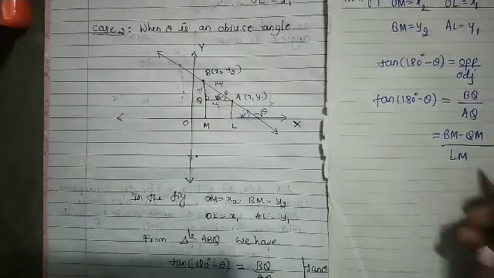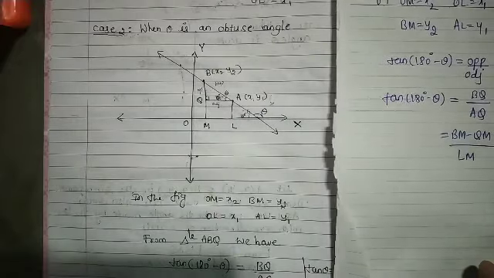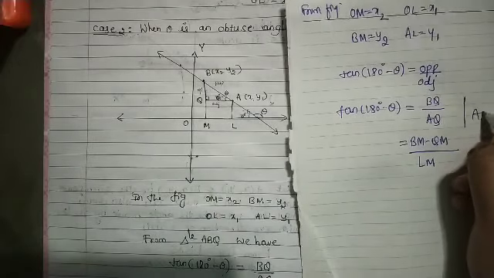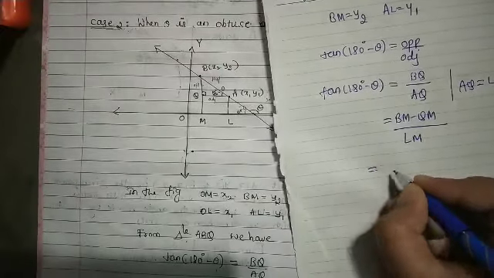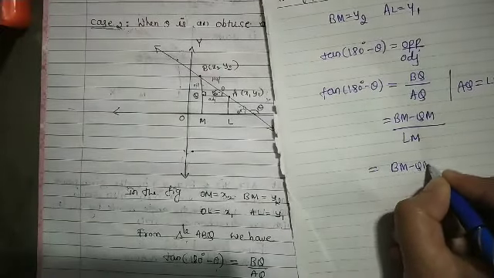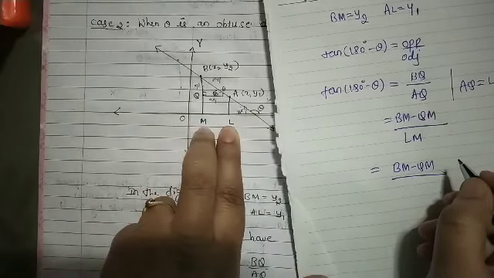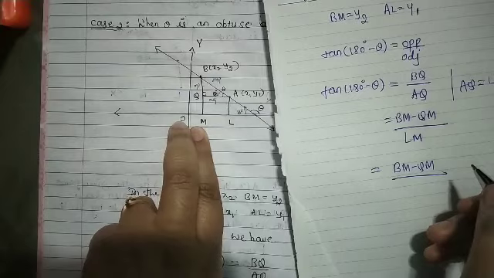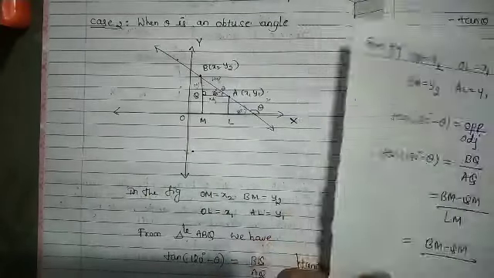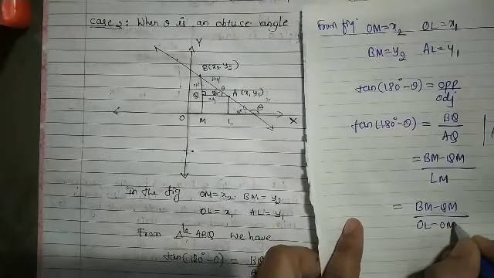Therefore, AQ is the same as distance LM. So this is equal to BM minus QM. What is distance LM? LM could be written as OL minus OM.